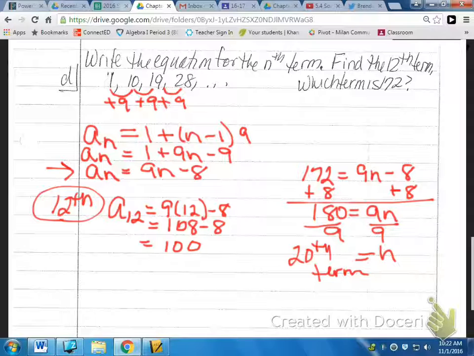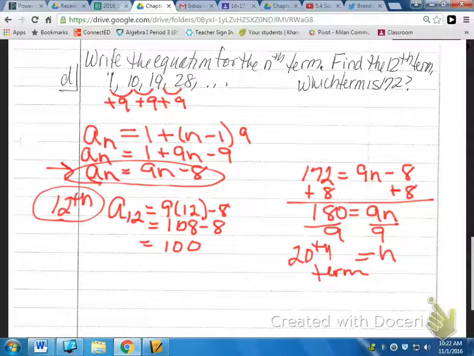Olivia. Did you get 172 by adding 72 from the 100? No, I got 172. That was part of the question. Oh, the question was write first, so this had 3 parts to it. Write the equation for the nth term. So they give you a sequence. So you use that general formula just to have it for the nth term. So this was my first answer right there.